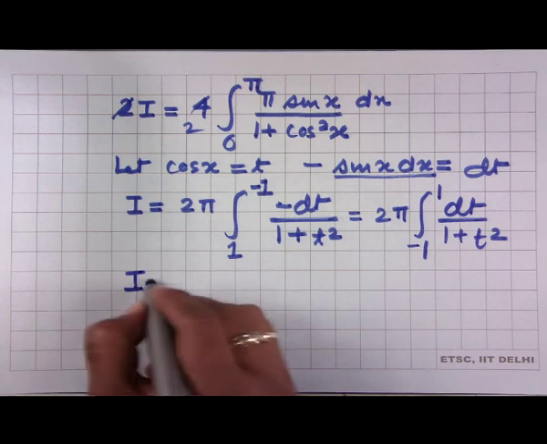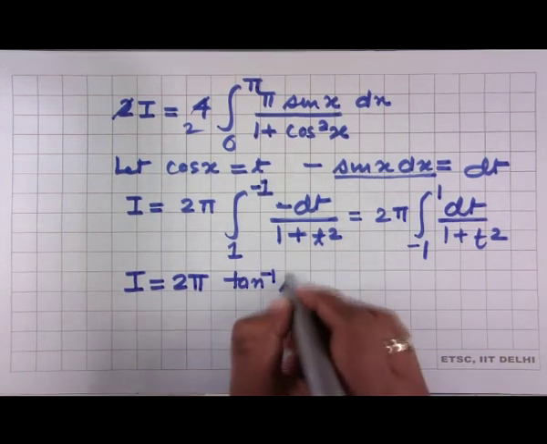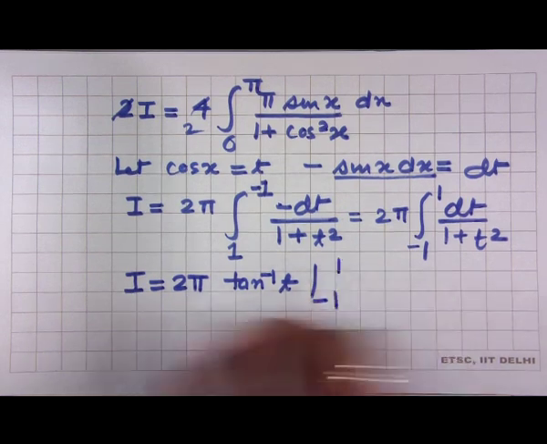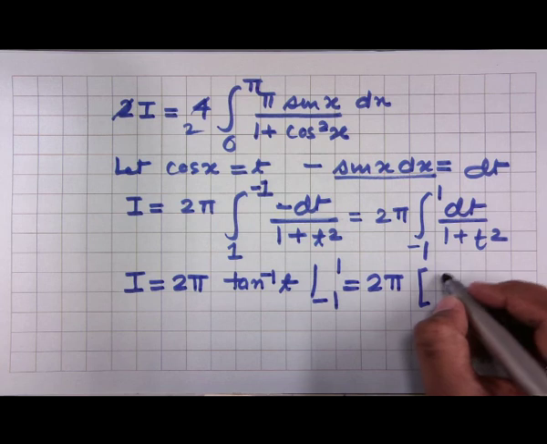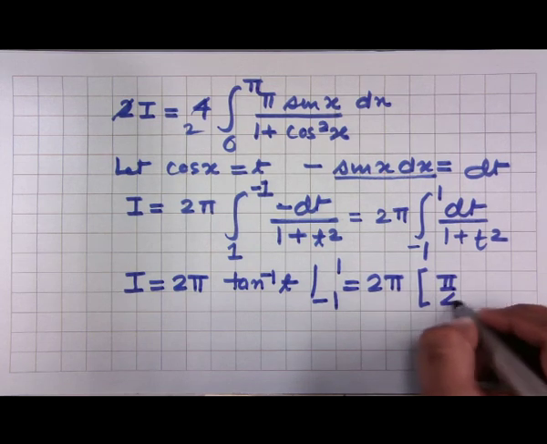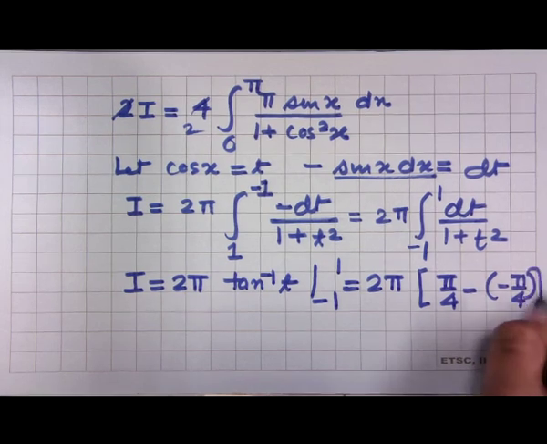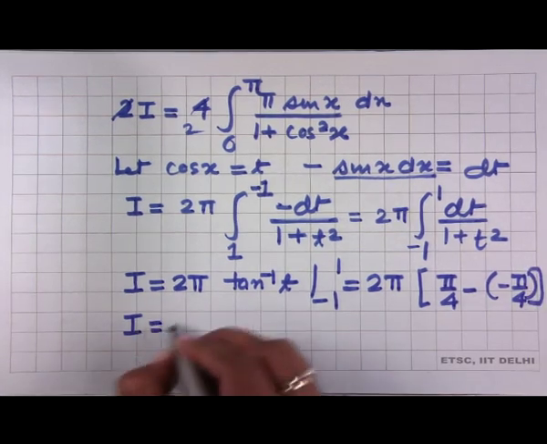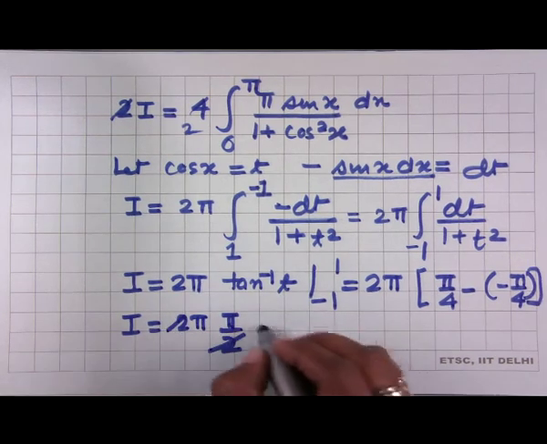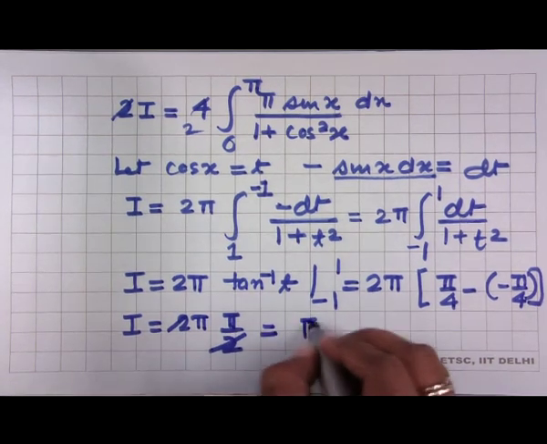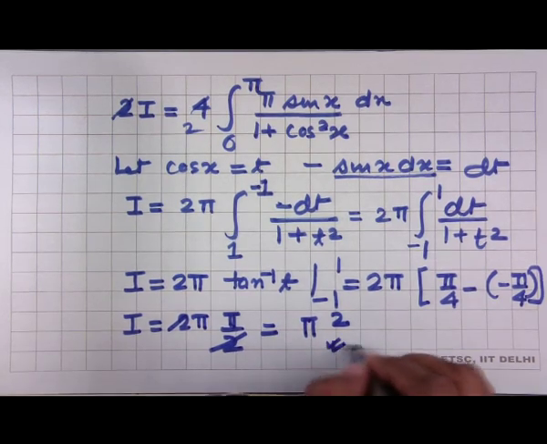So I is therefore 2 pi times tan inverse t from minus 1 to 1, which is 2 pi times pi by 4 minus minus pi by 4. So you get I equals to 2 pi times pi by 2. So you get your final answer for this integral as pi square.